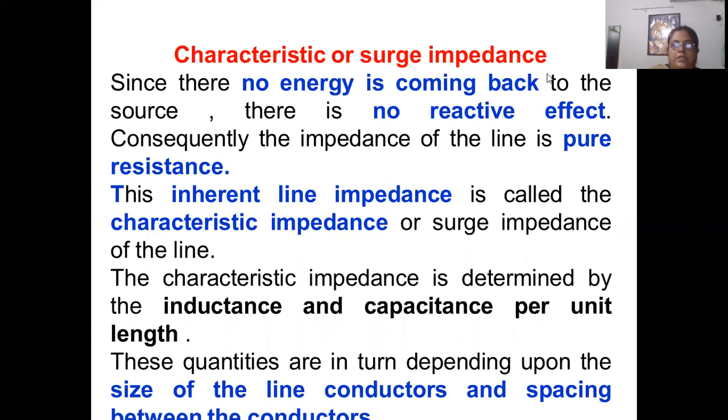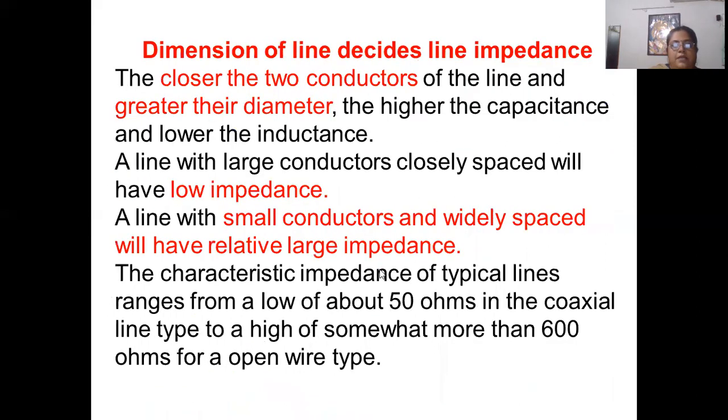Since no energy is coming back to the source, there is no reactive effect. Consequently, the impedance of the line is pure resistance. This inherent line impedance is called the characteristic impedance or surge impedance of the line, where the characteristic impedance is determined by the inductance and capacitance per unit length, and these are dimensions of the line which decide the line impedance.